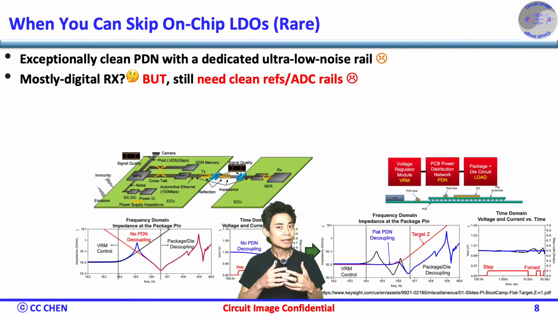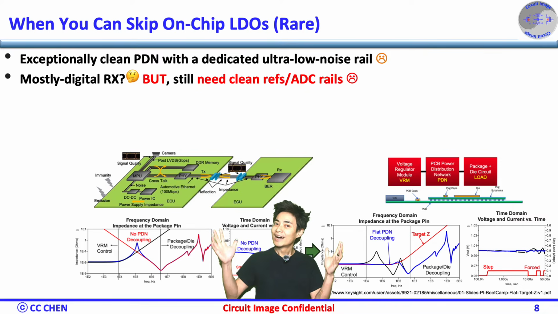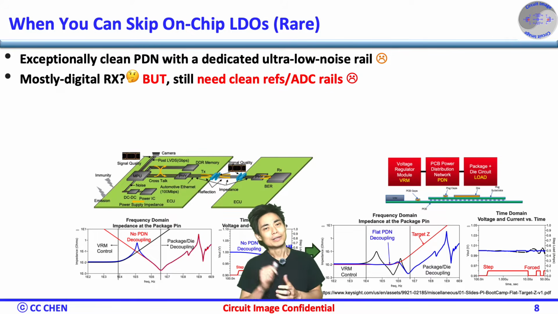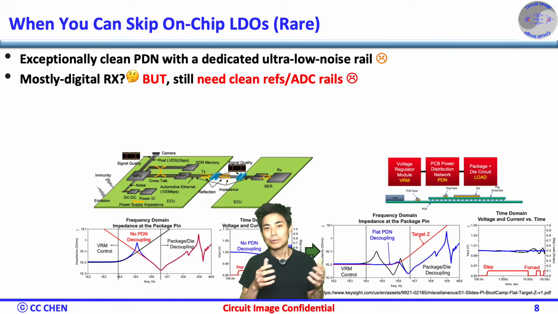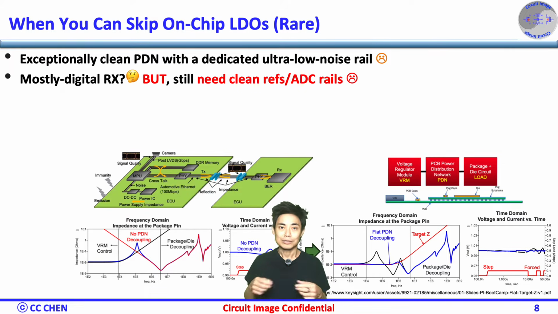Now, are there exceptions? Yes, but they are rare. You could potentially skip the on-chip LDO if you have an exceptionally clean power delivery network. But this is extremely expensive and difficult to engineer. The other major exception is the move toward mostly digital receivers that use an ADC and DSP.